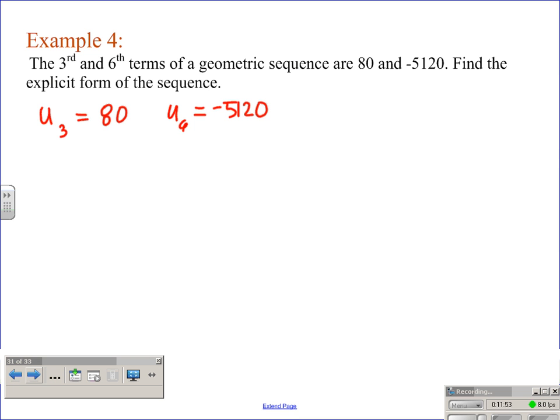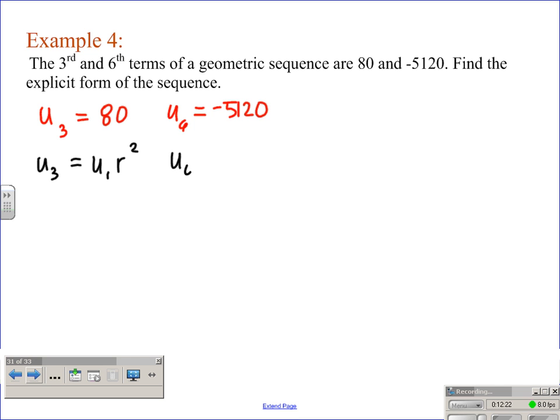Okay, so we're actually going to set up a ratio to find this, because there are things that we know about our third term and our sixth term. First of all, we know that they are 80 and negative 5,120, but we also know that we could write them in different forms. For example, from what I know about my explicit formula, the third term could be rewritten as the first term times the common ratio raised to the n minus 1, which would produce r squared.